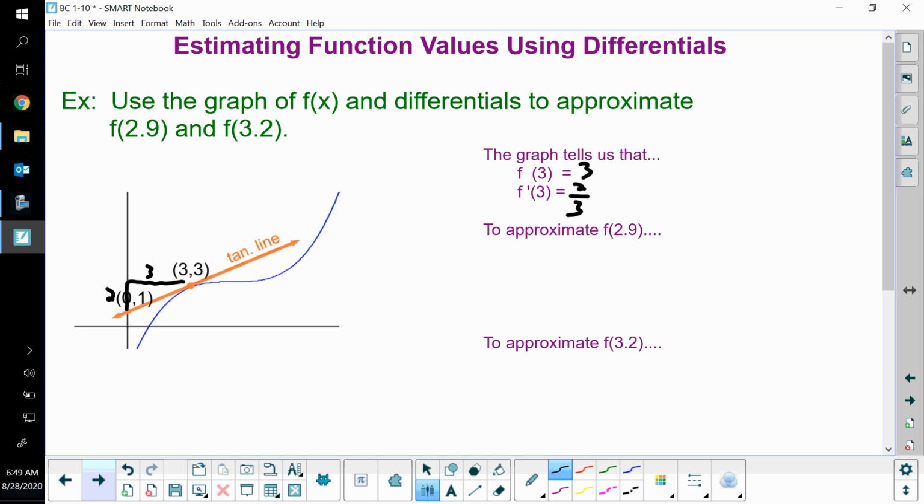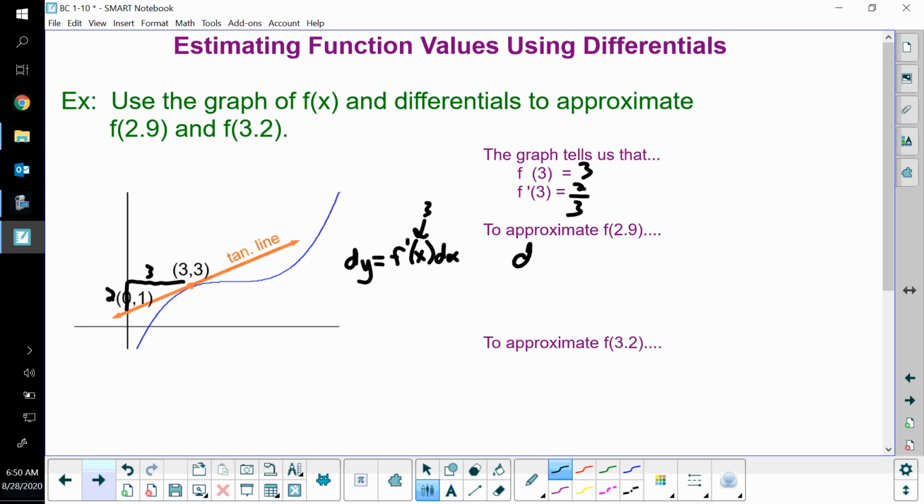So we're going to use that to approximate f of 2.9. Notice we don't have the equation of that curve, but we know from what we've seen before that the differential, the amount it's changing, is represented by f prime of x times dx. Our x that we're using is 3, and dx is how far we are from 3.